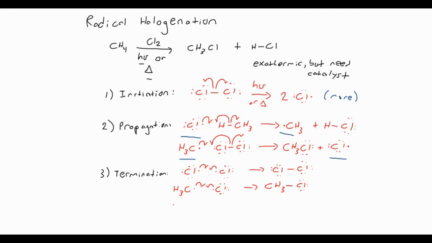And then you could even think about having maybe two methyl radicals coming together to form ethane. So ethane is our 2-carbon alkane, CH3CH3.